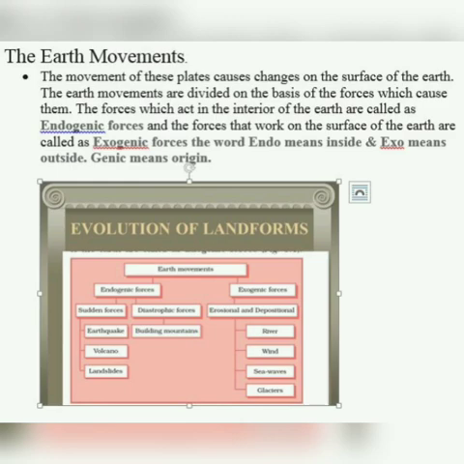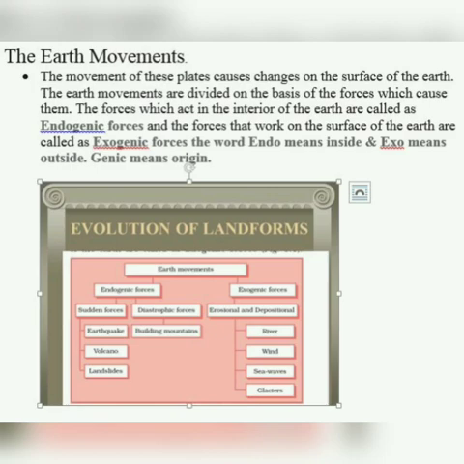The word endo means inside and exo means outside. Genic means origin.